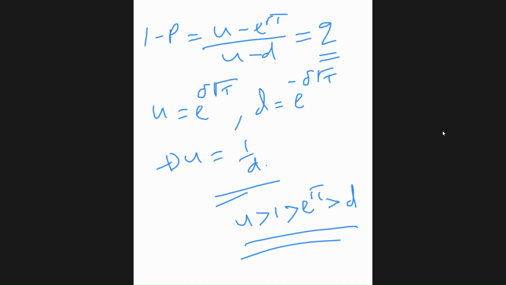Of course, how to calculate U and D, that relationship was established by somebody called Cox, together with Ross and another fellow called Rubinstein.